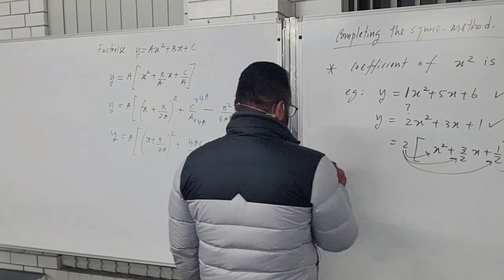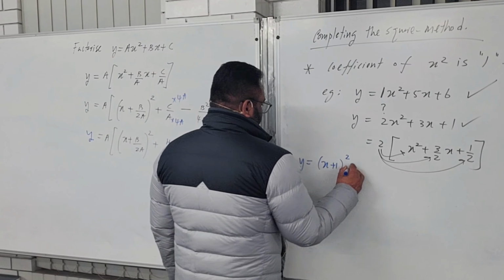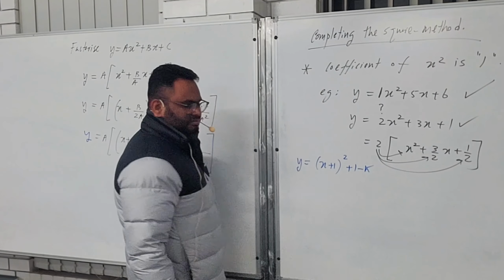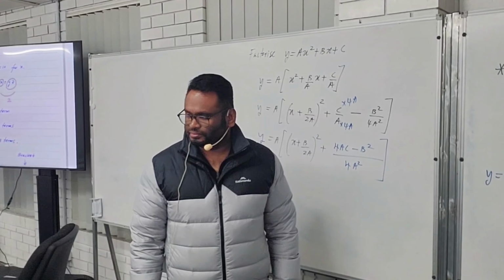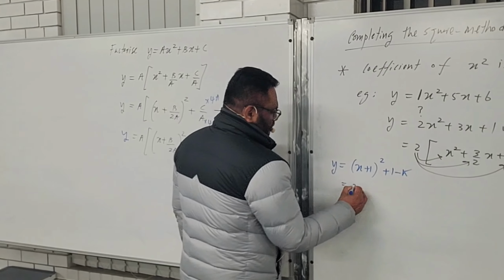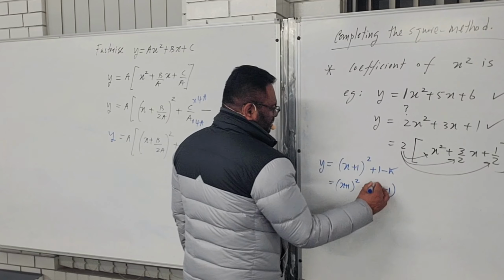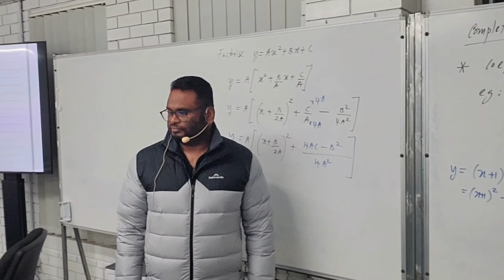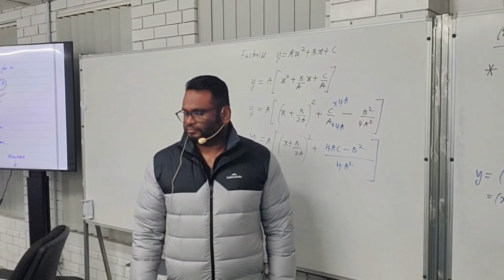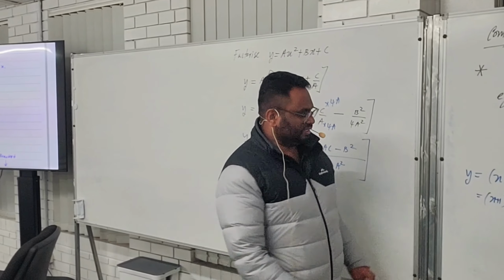So the small version is y is equal to (x plus 1) squared plus 1 minus k, something like this. When you have something like this, I am going to take minus out. So it's going to be k minus 1. Agree? So this is why.